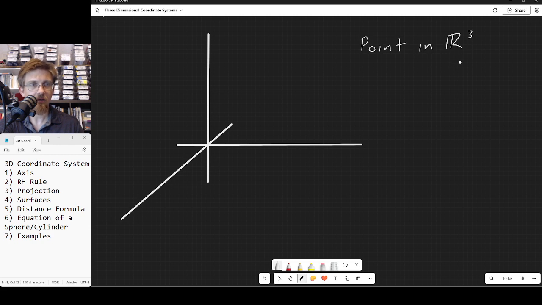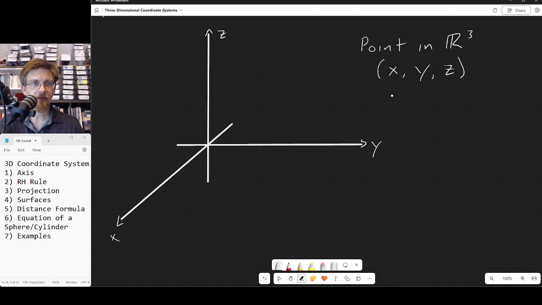The XY coordinate plane would be R2, and this is R3 because we've got 3 coordinate axes. So give that a Y, an X, and a Z. A point in R3 is labeled by how far from the origin in the X direction, the Y direction, and the Z direction.